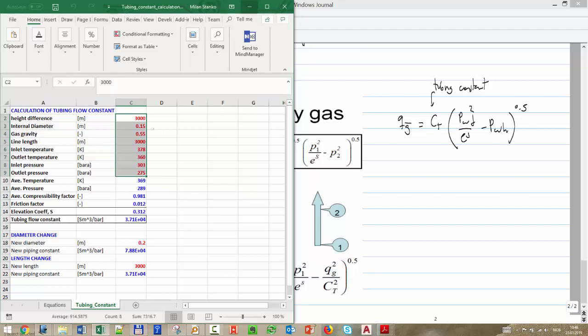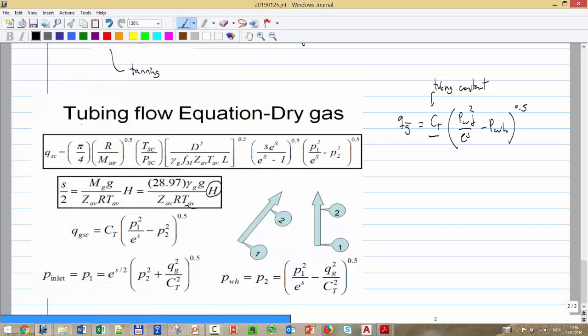Okay. Now, what happens if CT becomes bigger? CT is actually this guy here, right? All of that guy there. So what happens if CT becomes bigger? Bigger means that I use a bigger diameter. If the diameter is increasing, then CT is also increasing. What should happen intuitively?